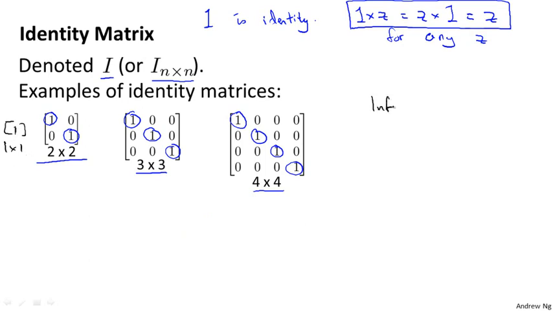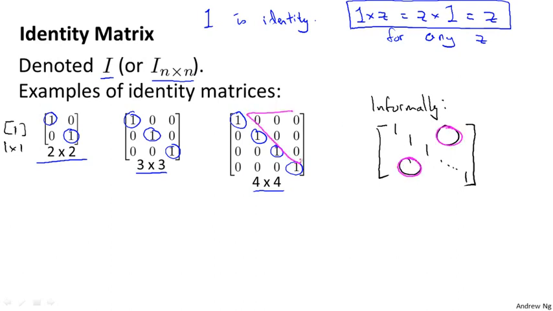Informally, when I or others are being sloppy, very often we'll write the identity matrix using this notation: draw square brackets, write 1, 1, 1, dot, dot, dot, 1, and then somewhat sloppily write a bunch of zeros there. This big 0 and this big 0 are meant to denote that this matrix is 0 everywhere except for the diagonal.